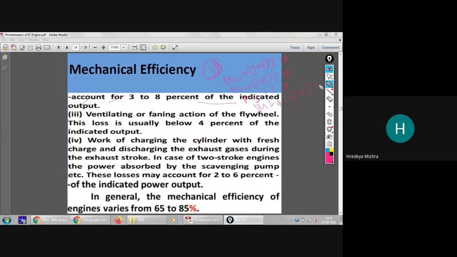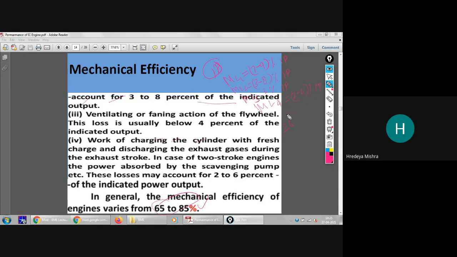In general, the mechanical efficiency of engines varies from 65 to 85%. So the maximum mechanical efficiency is 85%. See here, add 9 plus 8, 17 plus 3, 20 plus 6, then 26.